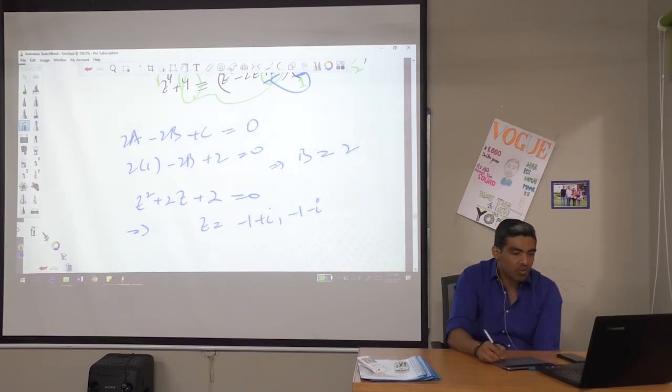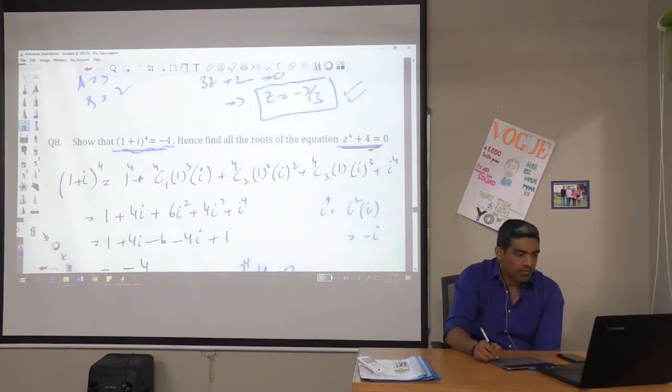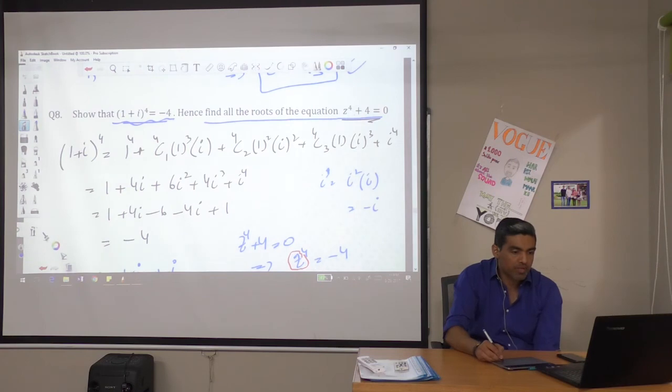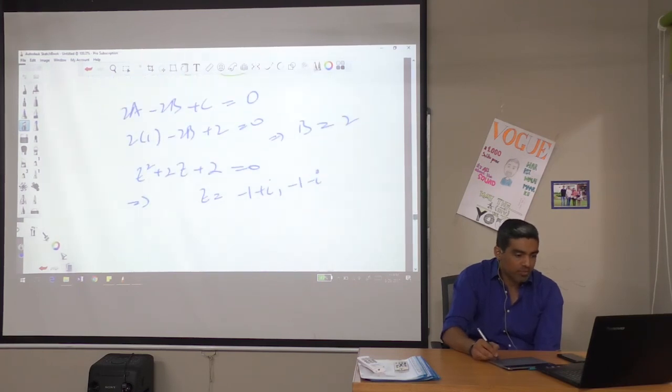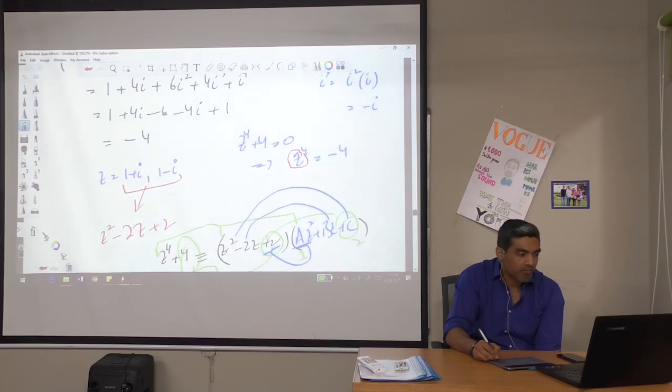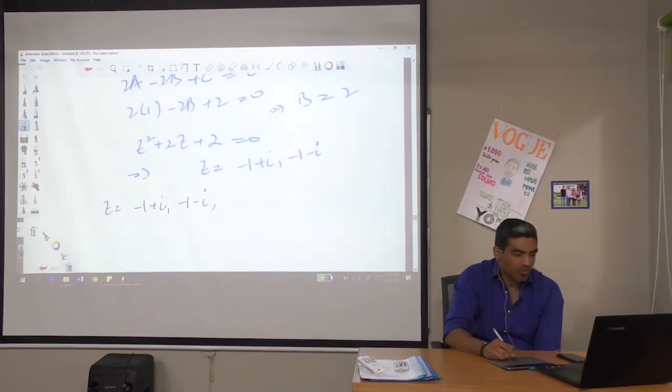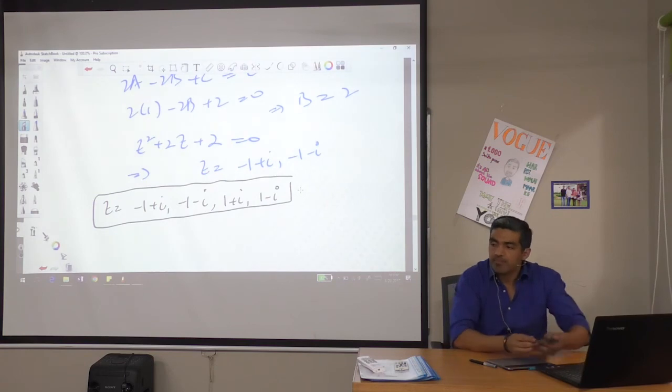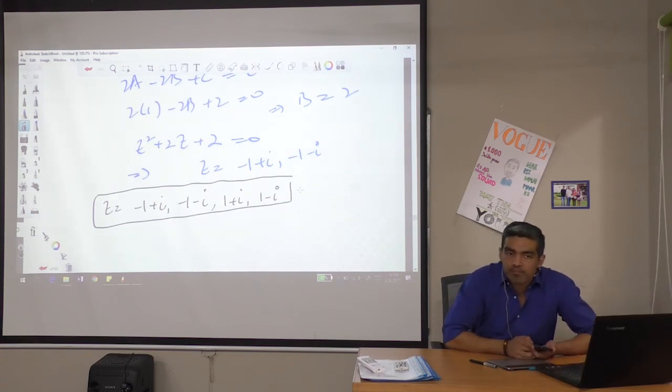So if the question says hence find all the roots of the equation, then all the roots of the equation are -1 + i, -1 - i, and the other two that we found were 1 + i and 1 - i. These are the four roots. Are we good?